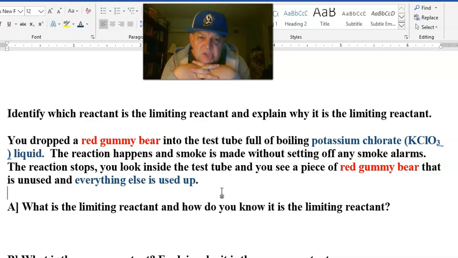You're after certain pieces of information. You know what's inside the test tube: a red gummy bear and potassium chlorate, and you have a reaction. The reaction stops. You see a piece of red gummy bear that is unused. That's a key thing, unused, and everything else is used up. What is the limiting reactant, and how do you know it is the limiting reactant?